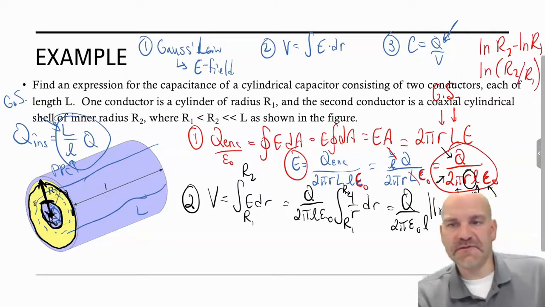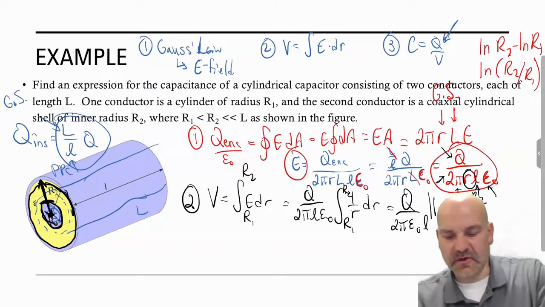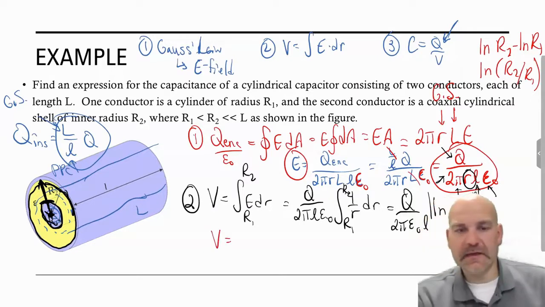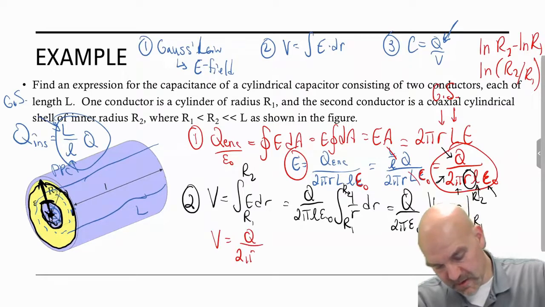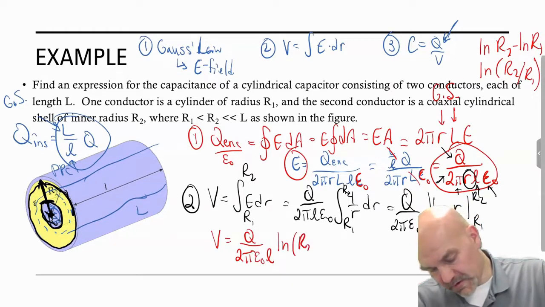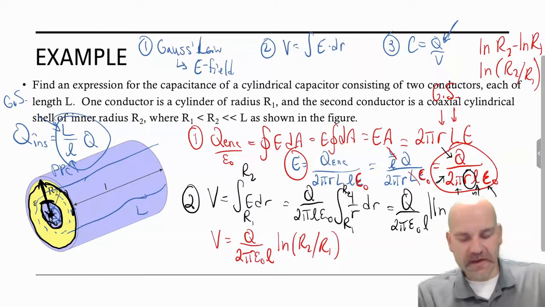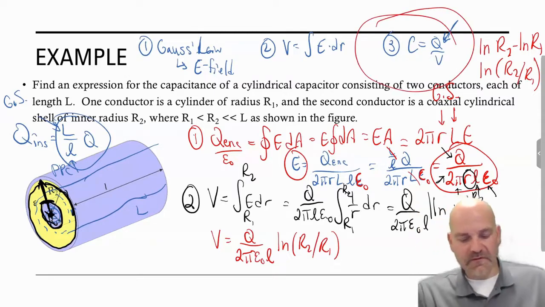Shout out to all those Algebra 2 teachers who now know why we teach all this natural log and log stuff. So my electric potential is going to be Q over 2 pi epsilon naught L times the natural log of R2 divided by R1. Okay, so now that's what I need, because now I do C equals Q over V.